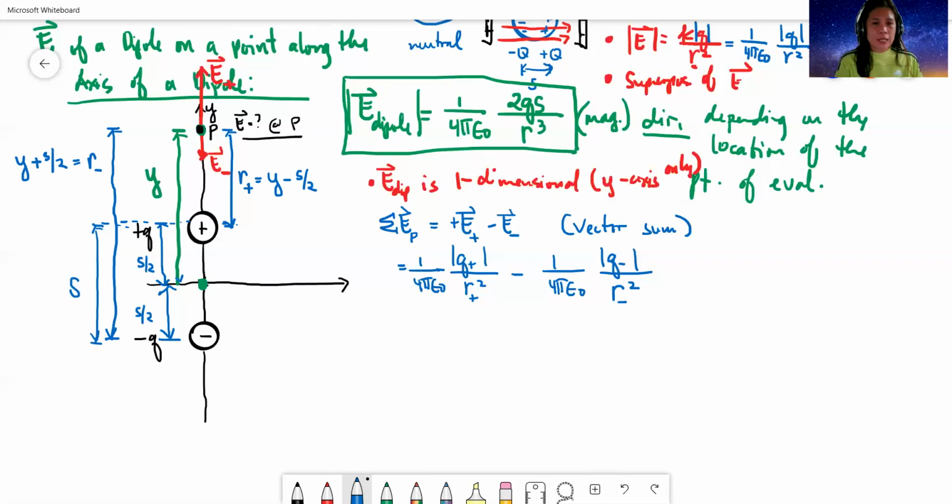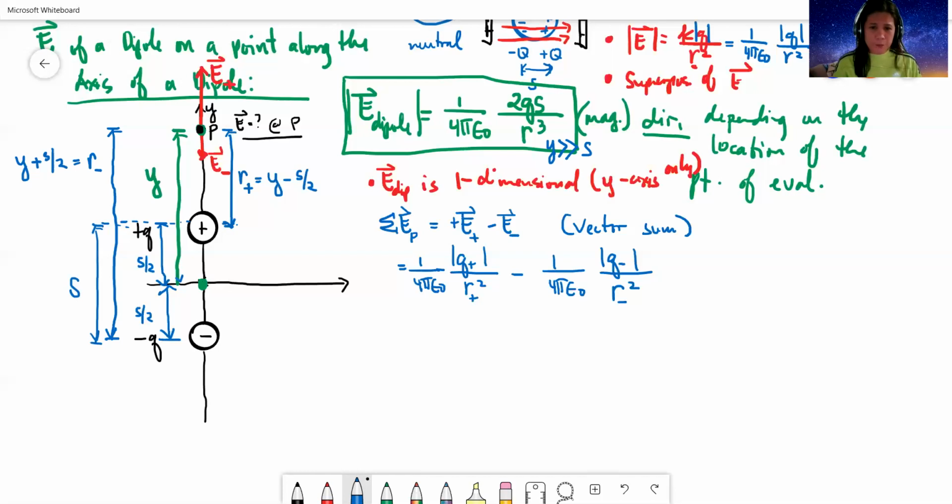These values of R in terms of Y and S, we will substitute here so that our final answer would be in terms of S and Y, because Y will later become R. Oh, this is for Y at large distance, so much greater than the separation. Take note of this.